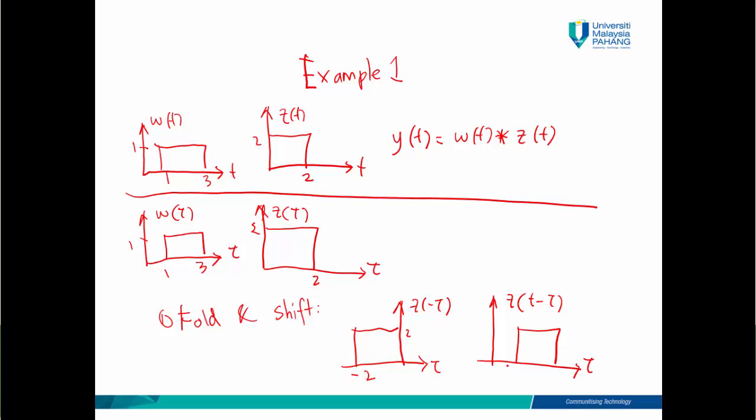So the value here is t minus 2, and here equals 0, so it means t minus 0 equals t. This is z(t minus tau).